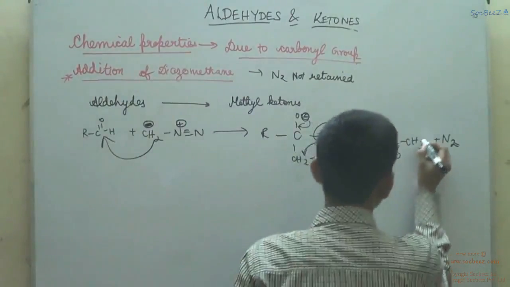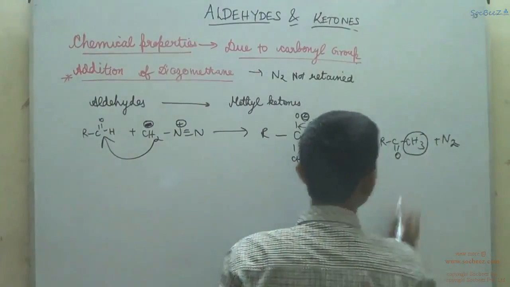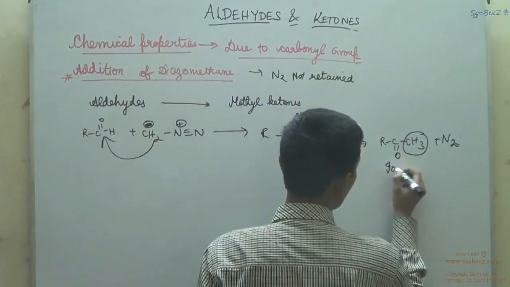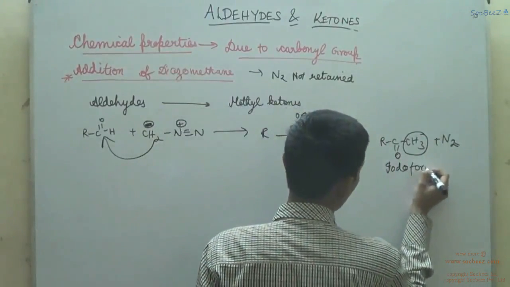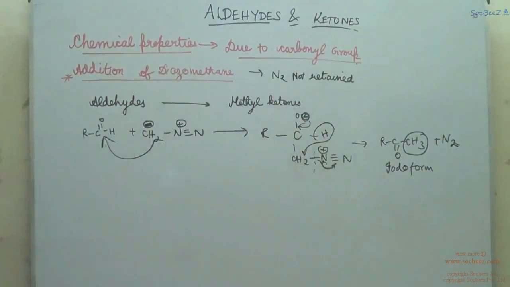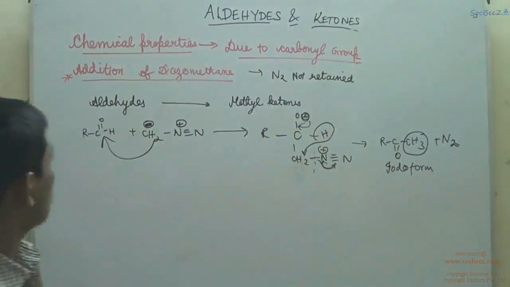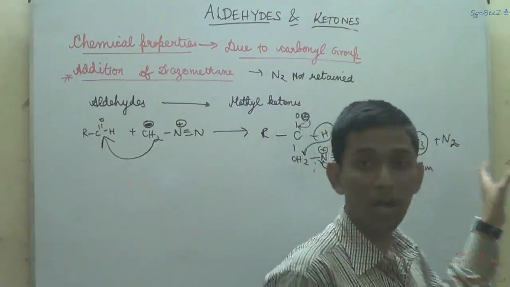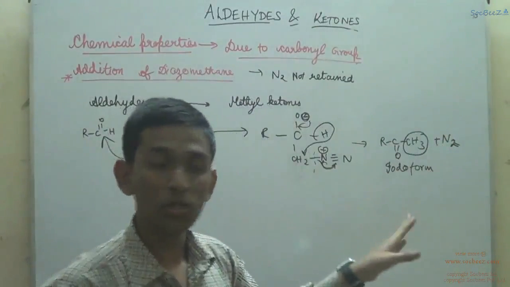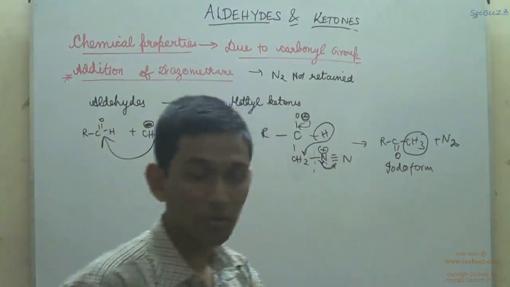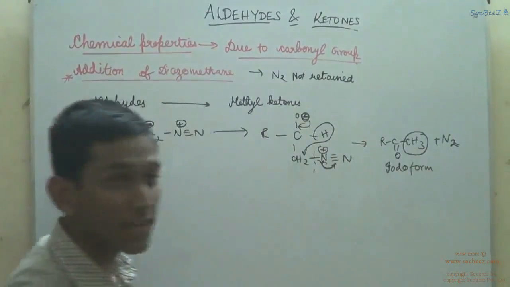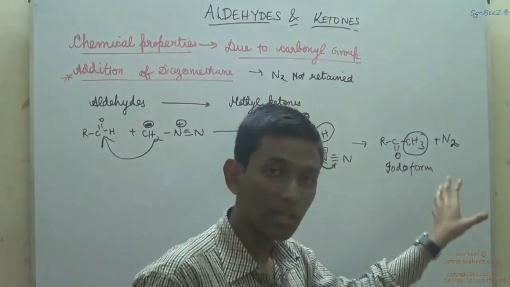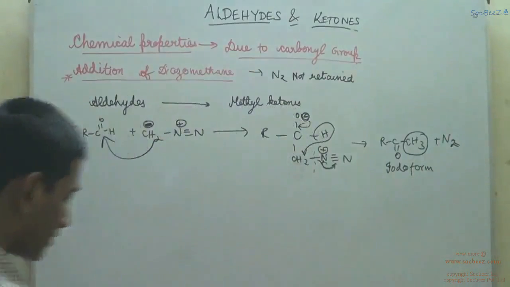Now if you see, this is a methyl ketone because you have a methyl group in the ketone, and methyl ketones give the iodoform test. So if you have any compound and you treat it with diazomethane and finally test it for iodoform, and if it gives a positive iodoform test, that means you have an aldehyde in that compound, and that aldehyde forms a methyl ketone which gives rise to the iodoform test.